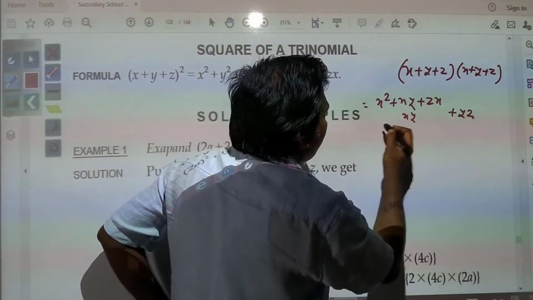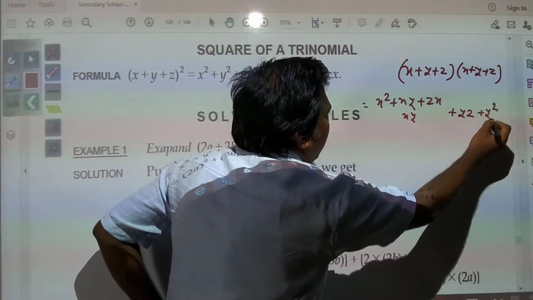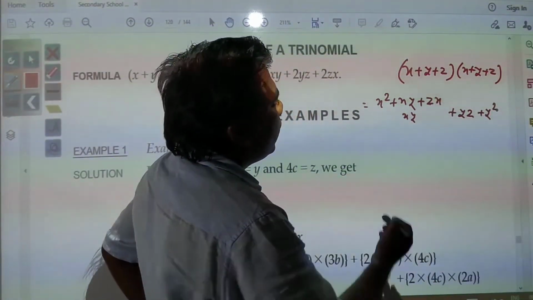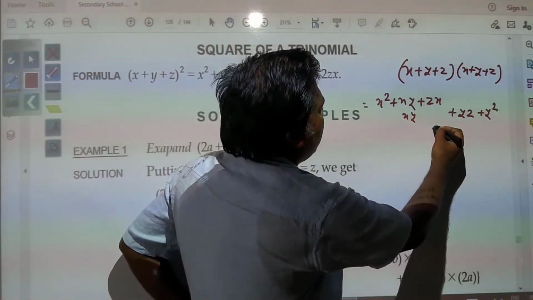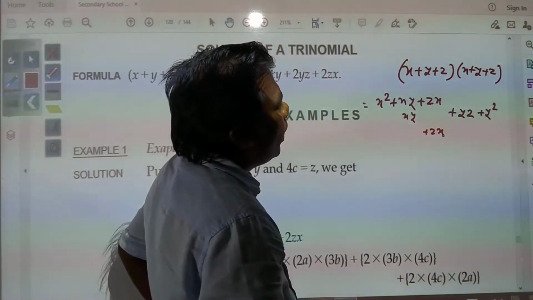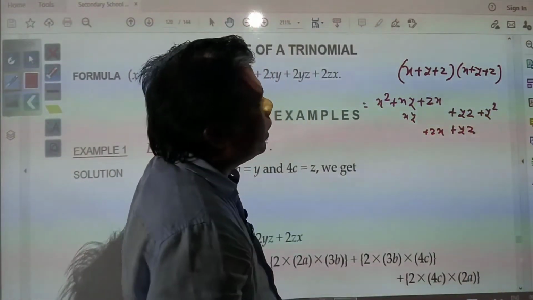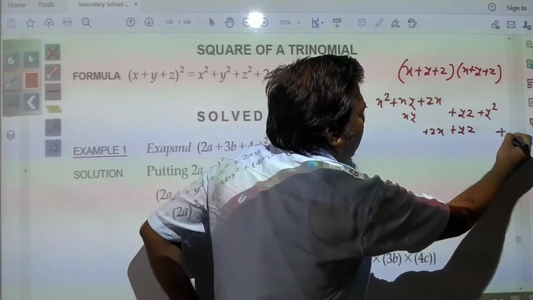And multiplying by z, you get zx, then z into y is yz or zy, and z into z is z square.